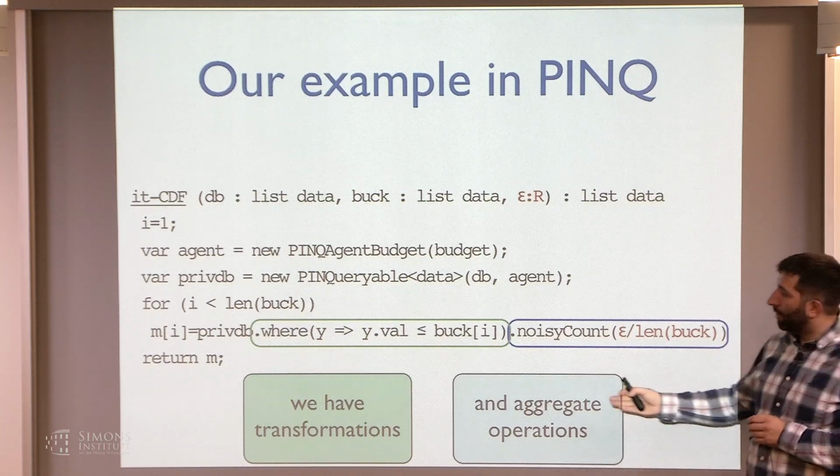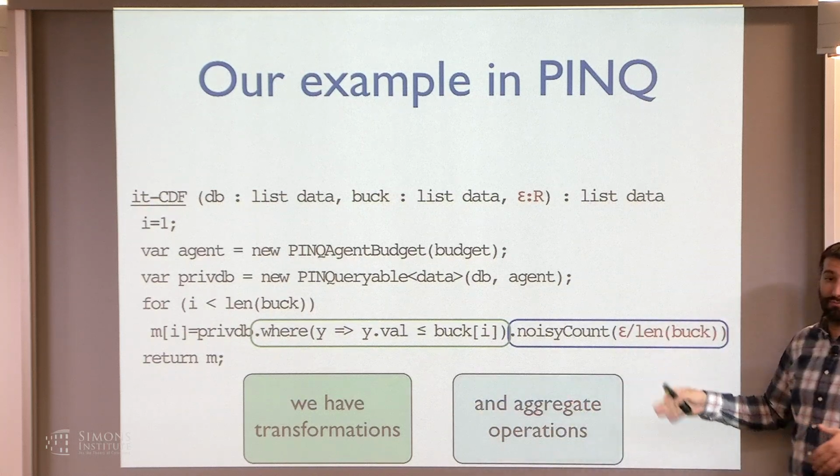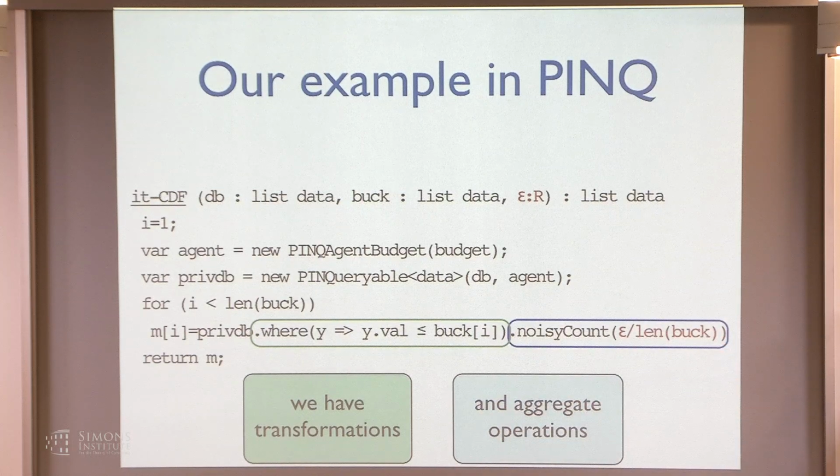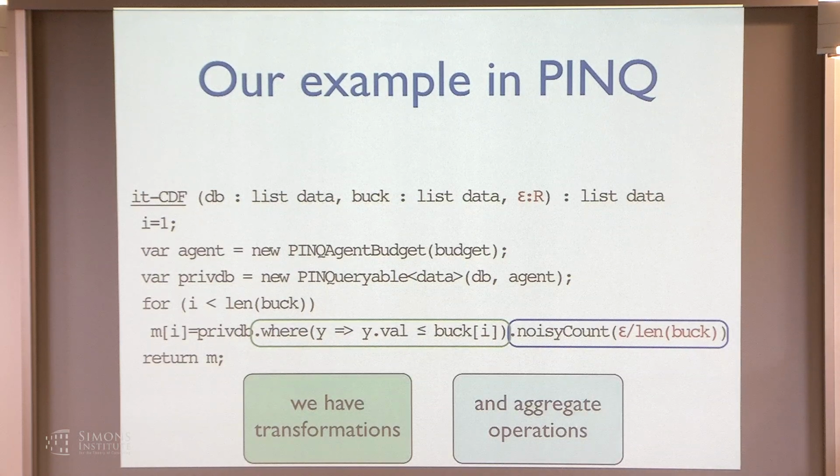We generally call these transformation and aggregation, because the first one transforms the data set. We can think about it as changing the shape of the data set, for instance by filtering out some elements, we get a smaller table, and then with this we aggregate. And this is the first example.